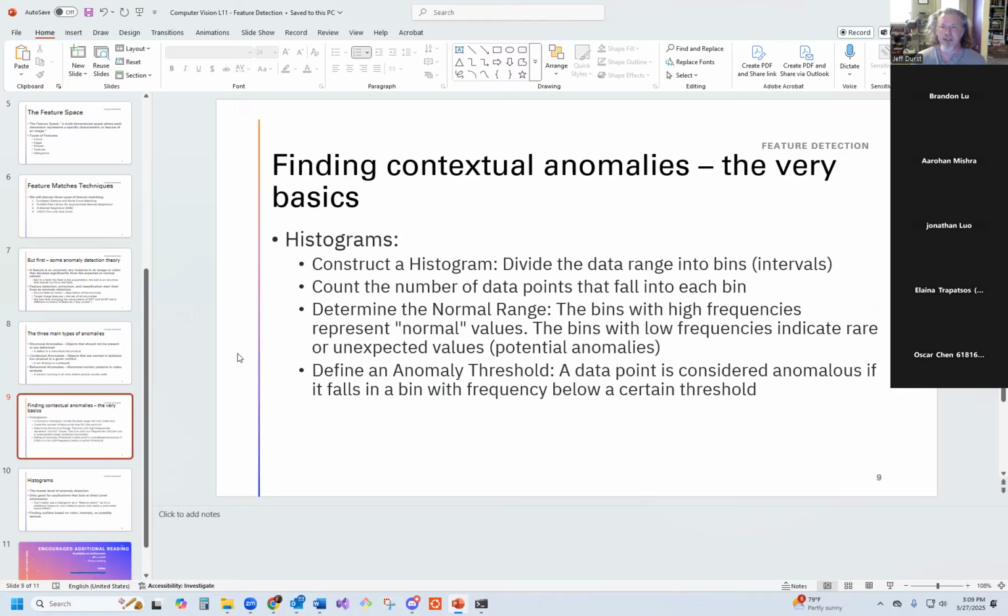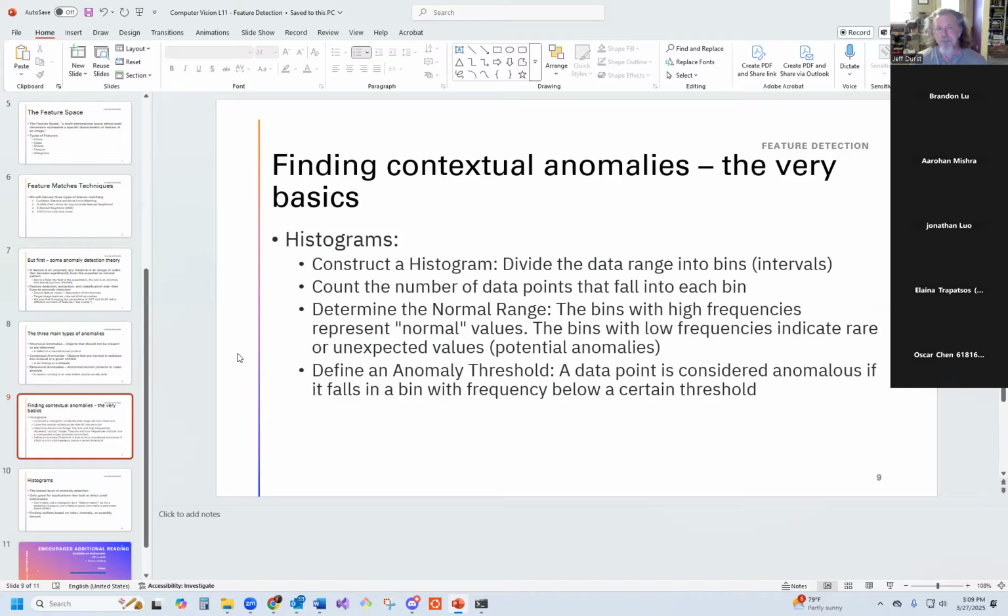Everything in the image we would reasonably expect to fall within one of these bins. So we've created this histogram that determines the expected context. This is what the image should look like if there were no anomalies.